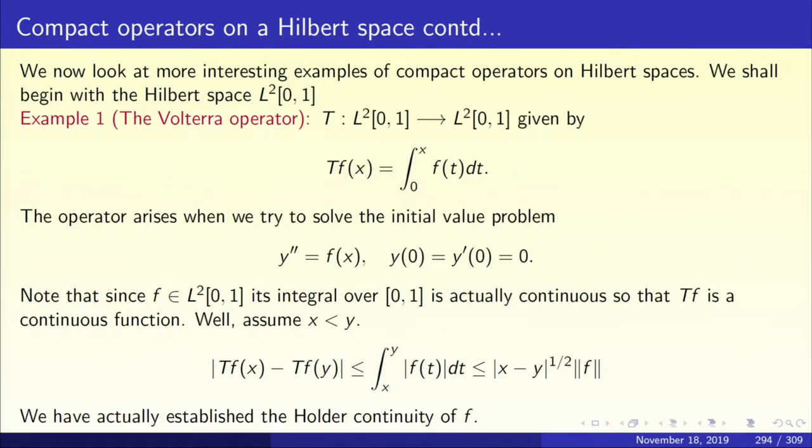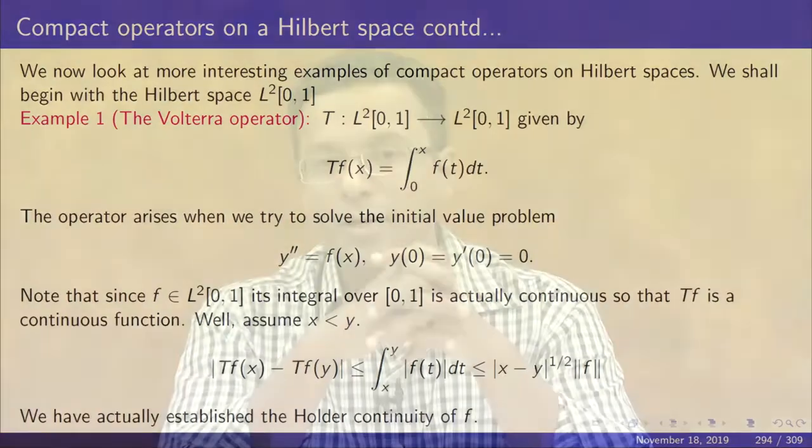Not only is Tf continuous, it is actually uniformly continuous. It is even Hölder continuous, with exponent half. So the point is that this T lands not just in L2, it actually lands in C of 0, 1. The image of T is a continuous function.